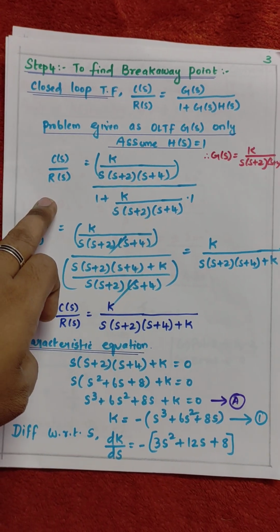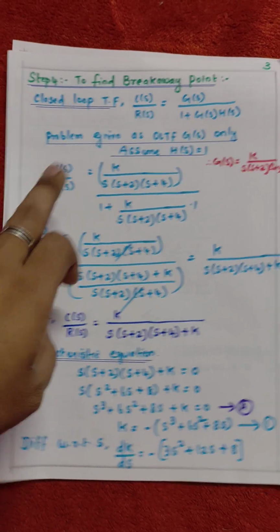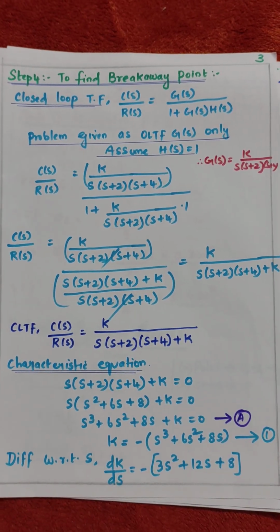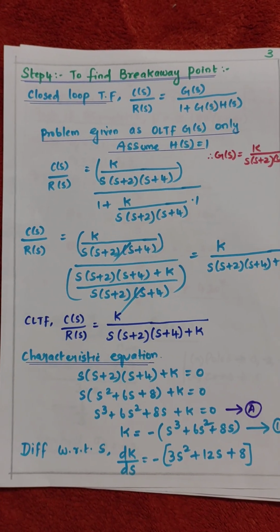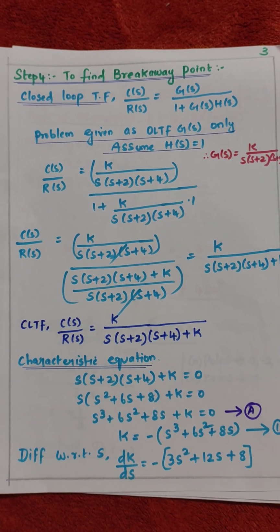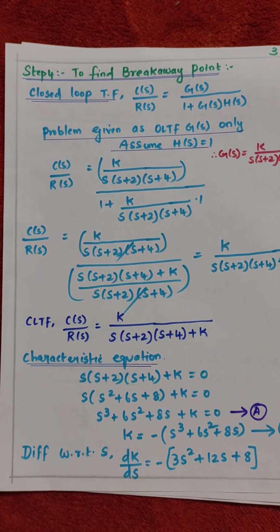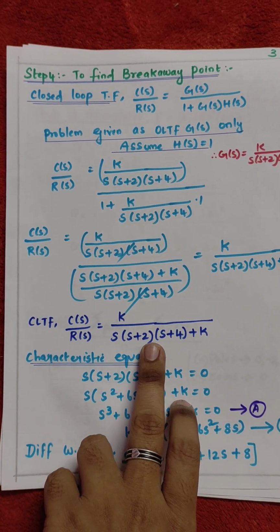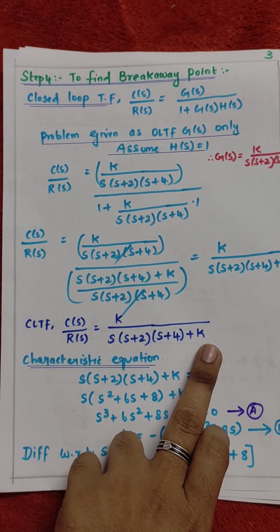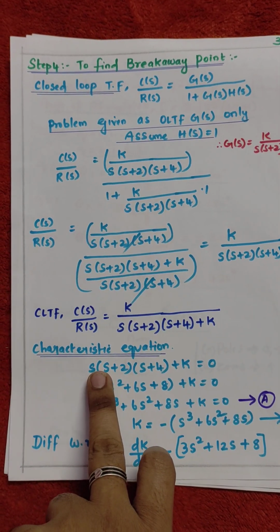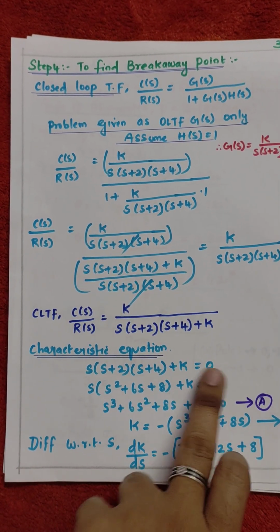Therefore, C(s) by R(s) is equal to, writing in the format of the given question, K divided by s into (s plus 2) into (s plus 4) divided by 1 plus K divided by s into (s plus 2) into (s plus 4), with H(s) not given, assume 1. Simplify, you will get C(s) by R(s) equal to K divided by s into (s plus 2) into (s plus 4) plus K. Now the characteristic equation: denominator s into (s plus 2) into (s plus 4) plus K equal to 0.